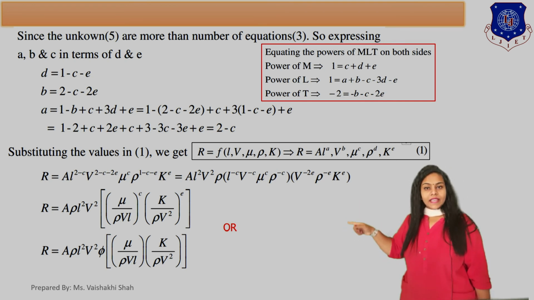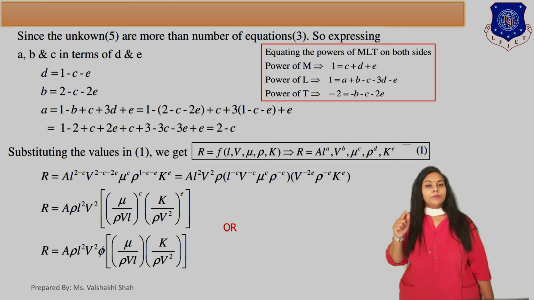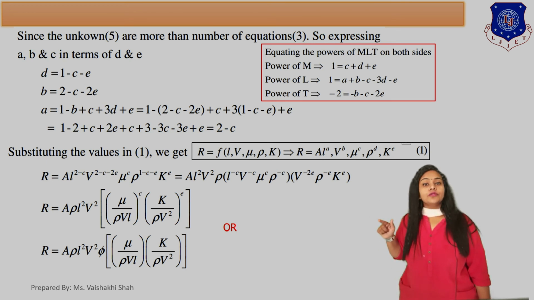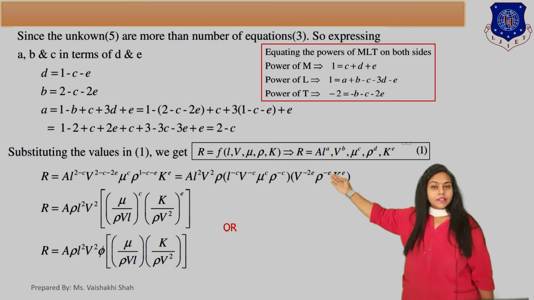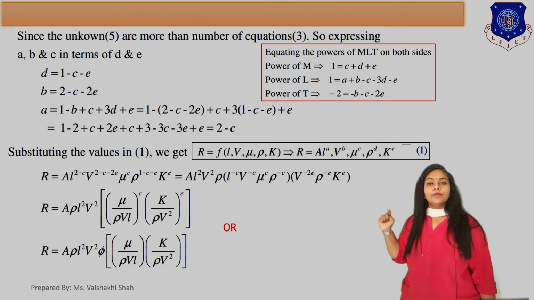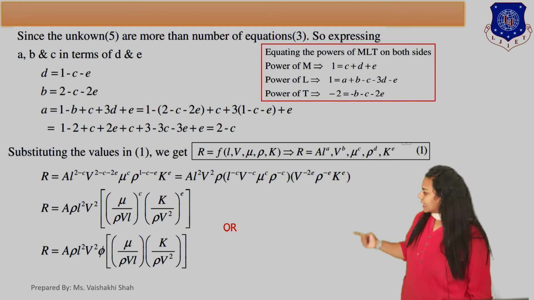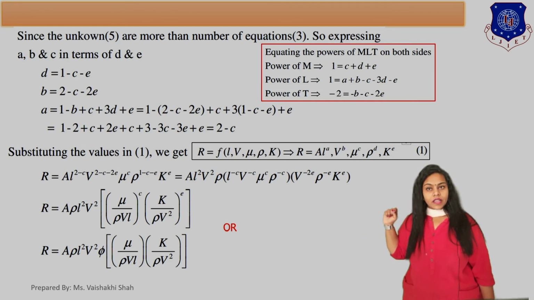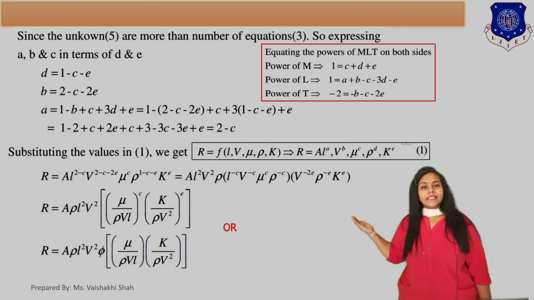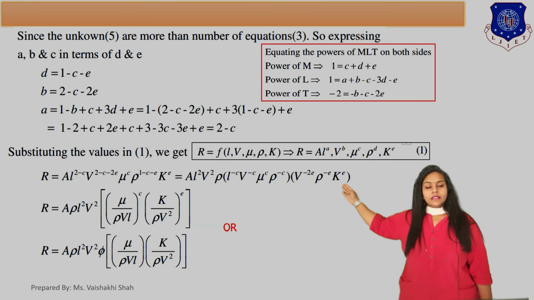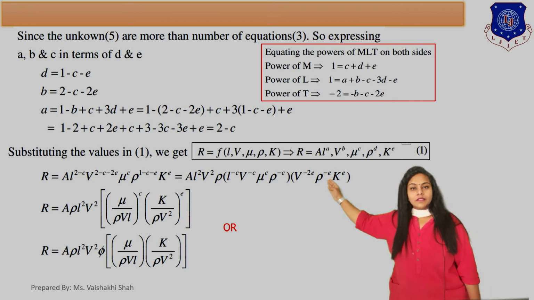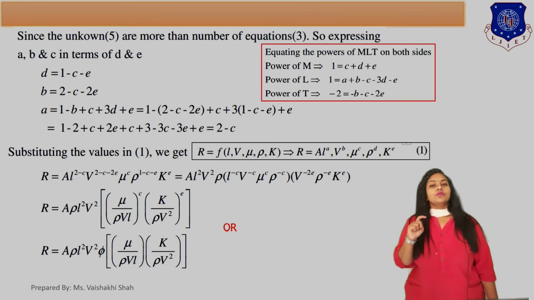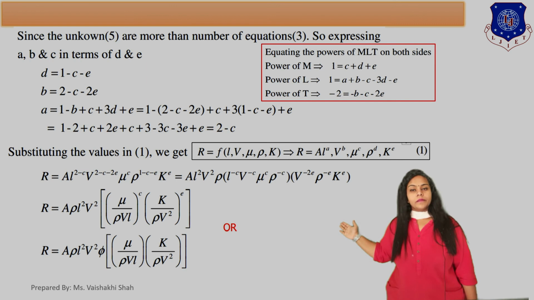R equals A rho L square V square, in bracket it is mu divided by rho L V raised to C, because it is in exponential form, that is a C. So, mu divided by rho V L raised to C. Okay, and next bracket it is written as K. This is your K upon, these are in minus, so K upon rho V square raised to E. Okay, clear?